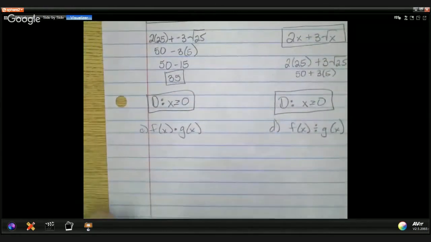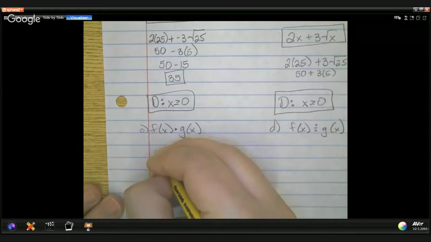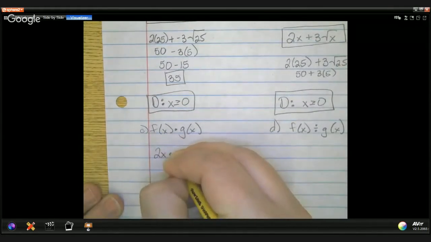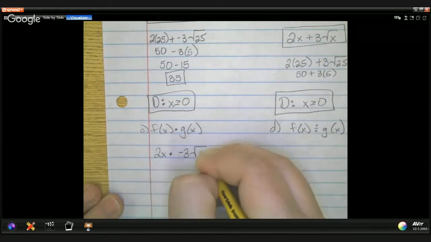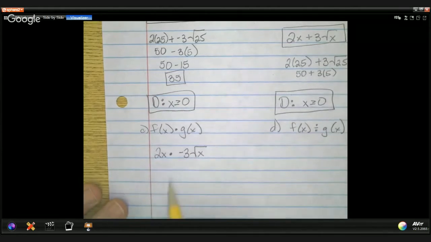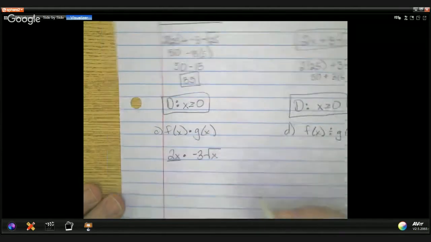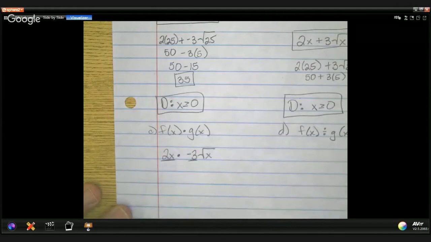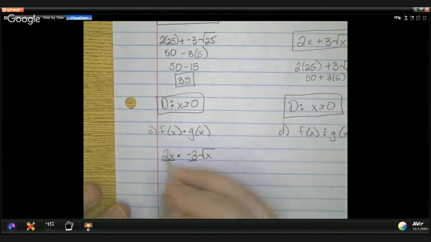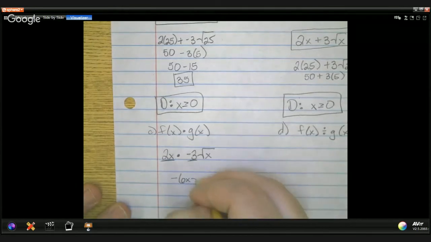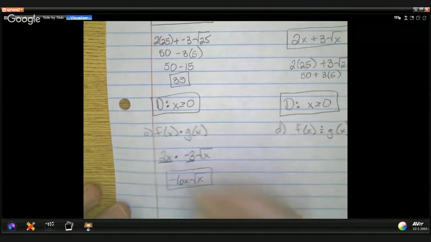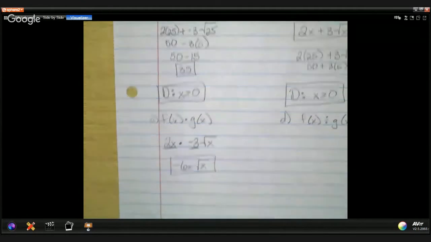All right, so multiplying, f of x is 2x. And I'm going to multiply it by my negative 3 square root of x. Well, 2x is on the outside because there is no radical, and negative 3 is on the outside of the radical. So 2 times negative 3 is negative 6x square root of x. And there's that answer for the product.